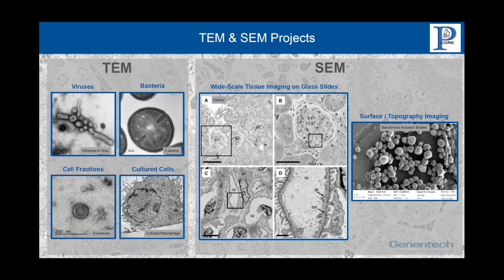We study high resolution viruses and cell fractions, or we use it to characterize bacterial morphology and sometimes monolayers of cultured cells. However, most of all the tissue questions that we have, which often come from safety assessment, we now do all with the scanning EM. And we use backscatter electron scanning EM at a very wide scale. And I will point out in the next slides why this is useful.